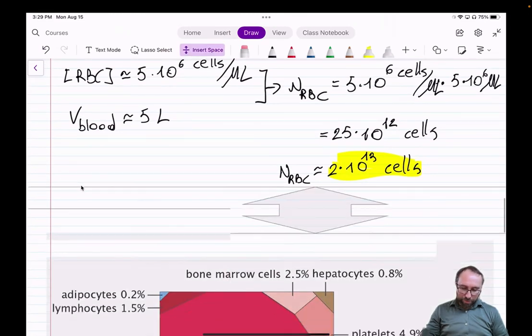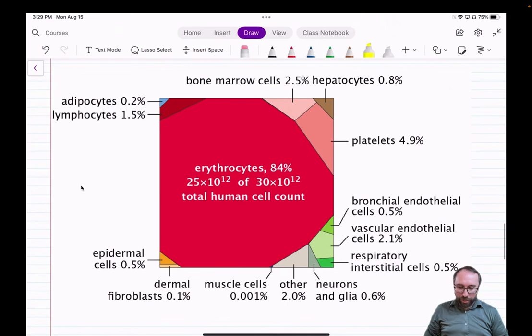And that estimation actually checks out when you take the census of cell types, where you can see that the vast majority, 84% of cells in the body correspond to red blood cells, out of the total cell count. And you see that we're kind of around in the same range. You can see here how we're basically on the order of 3 times 10 to the 13 cells in the human body.